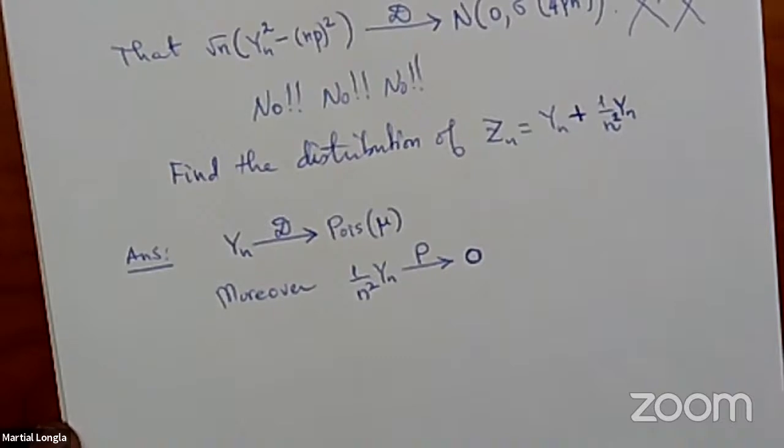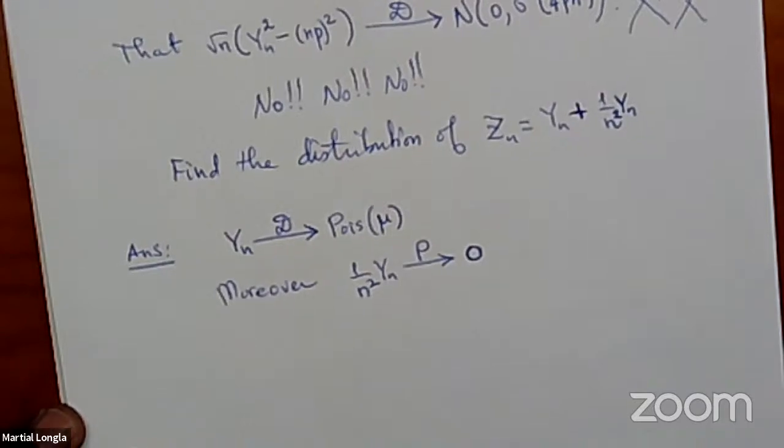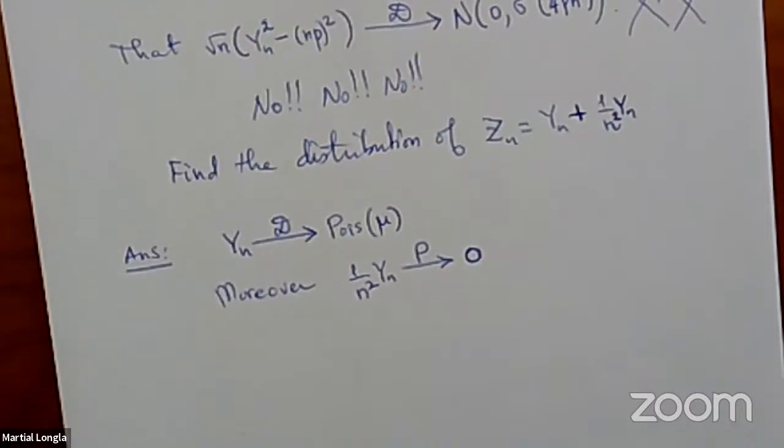Hmm? Can you show that it converges in probability to 0? Convergence as n goes to infinity. How would you show that this thing converges to 0?